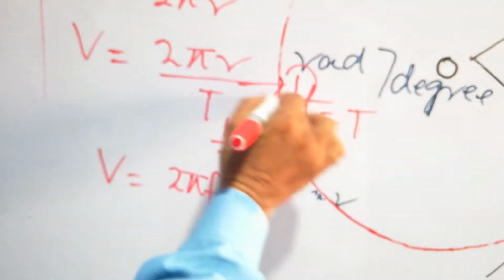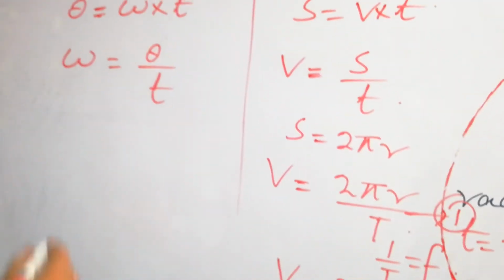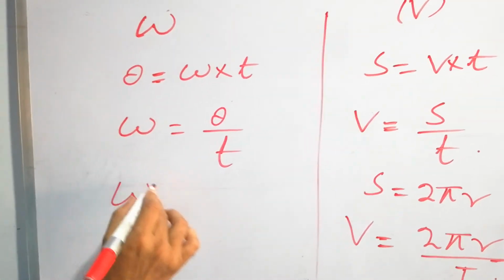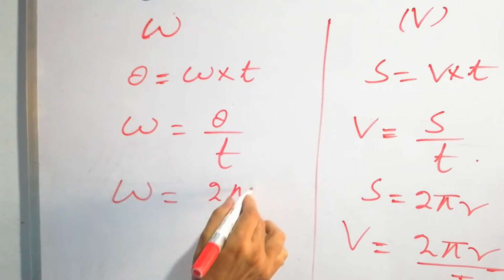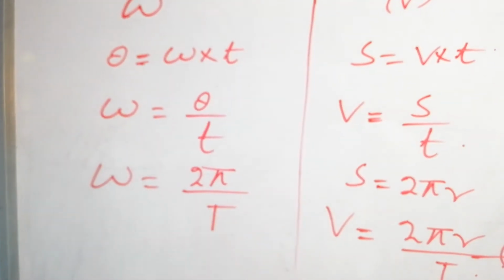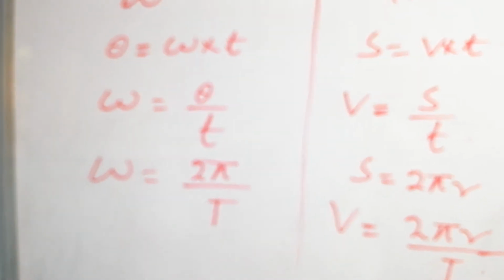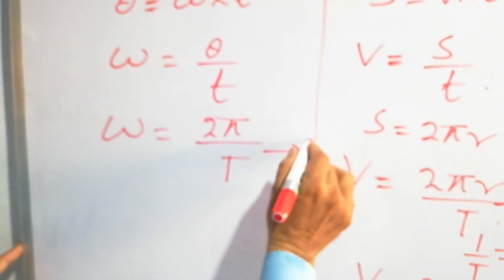Let's suppose it is equation number 1. And on this side we have the angular velocity. In one circle, the angle swept is 2 pi radian and the time period is T, so omega is equal to 2 pi over T. That is equation number 2.